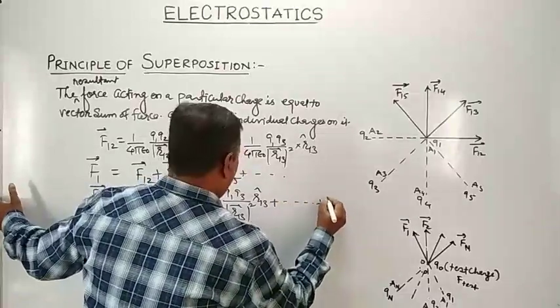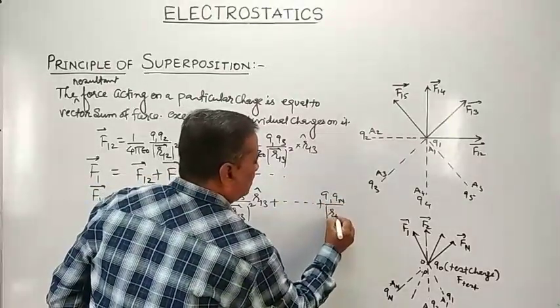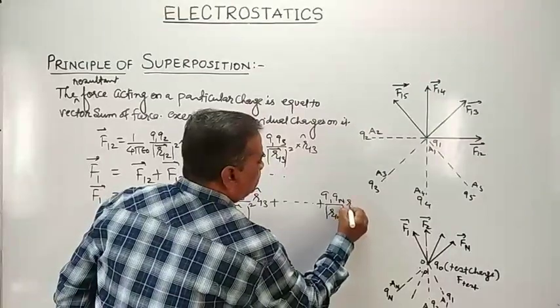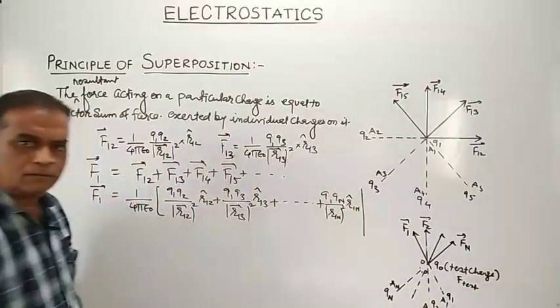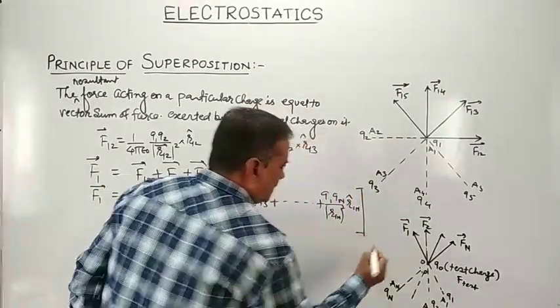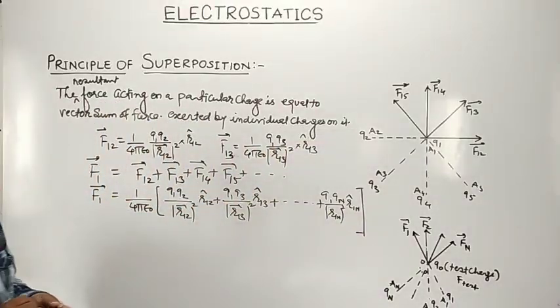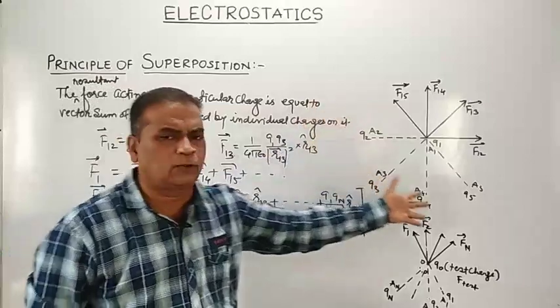In this way, up to Q1 Qn divided by R1n square into R1n cap. So here is the resultant force acting on charge Q1 due to charges Q2, Q3, Q4, Q5 and so on.